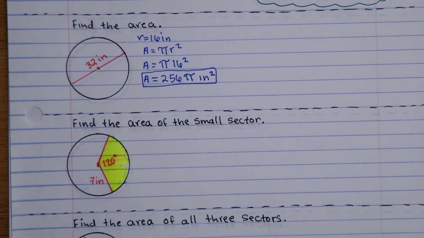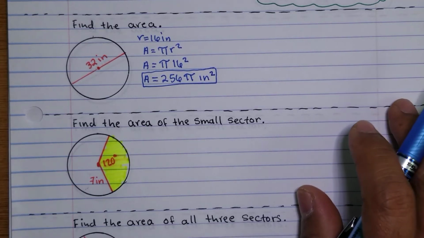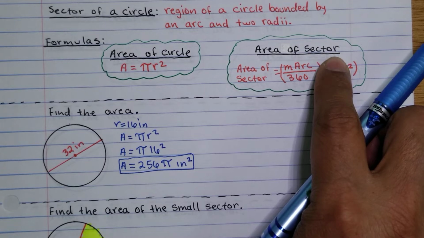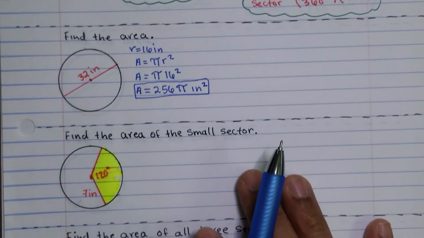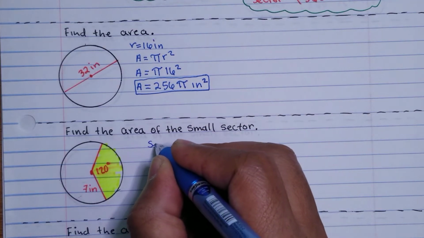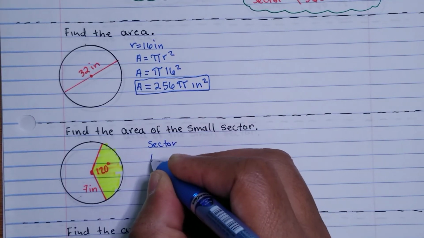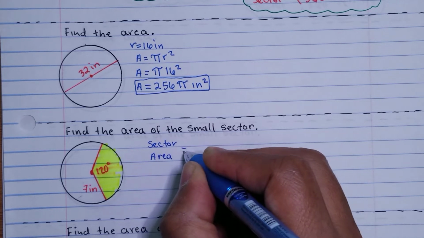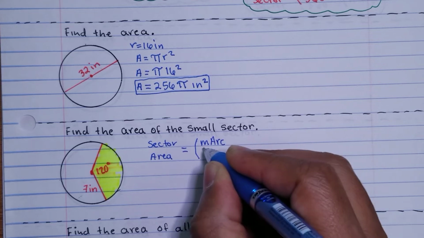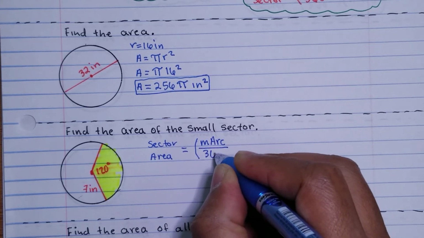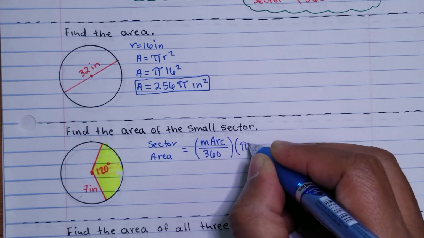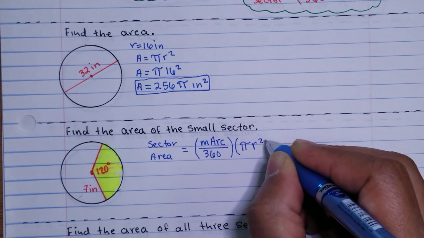So for this example, I'm going to use this formula, because I'm just trying to find the area of a sector of this circle. So I'm going to state the formula first. The sector area is going to equal the measure of the intercepted arc divided by 360, and then multiply by pi times the radius squared.